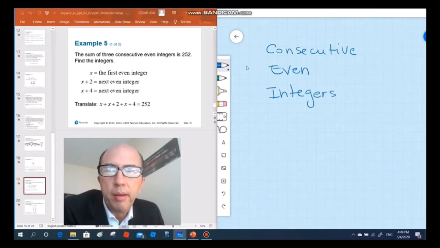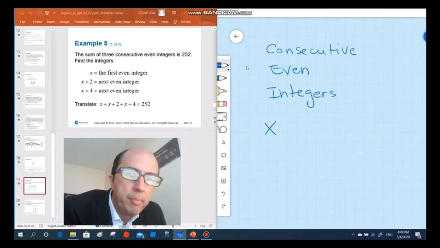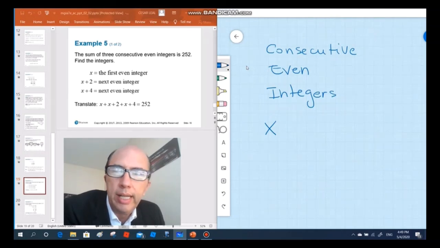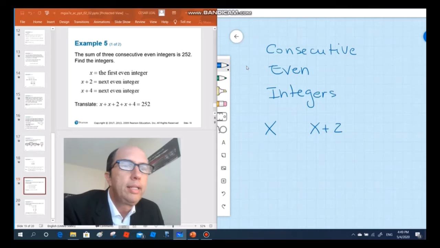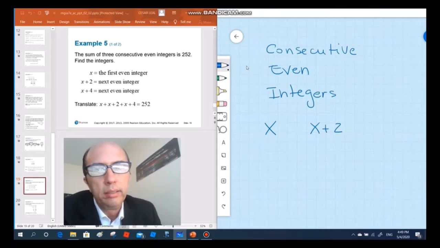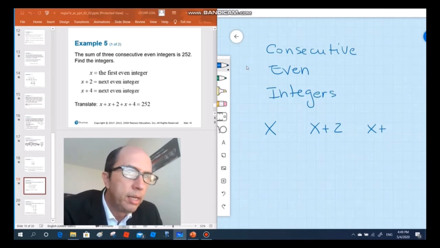That means if the first number is x, we don't know. The next number is a consecutive number, is an even number, so it's x plus 2, and the next one is an even number and consecutive, x plus 4, right?